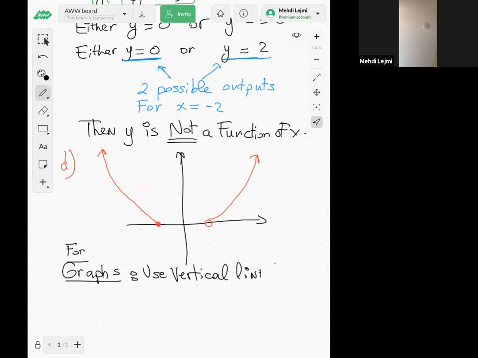The vertical line test: if you have a vertical line which intersects the graph at more than one point, then your graph is not a function.